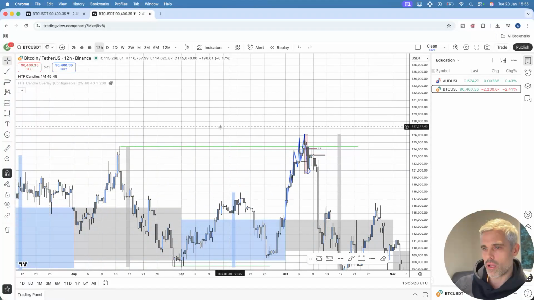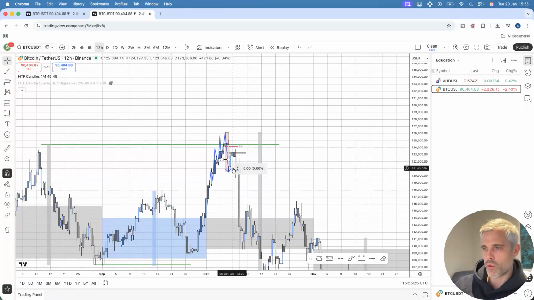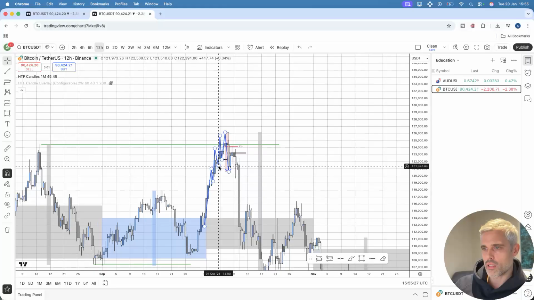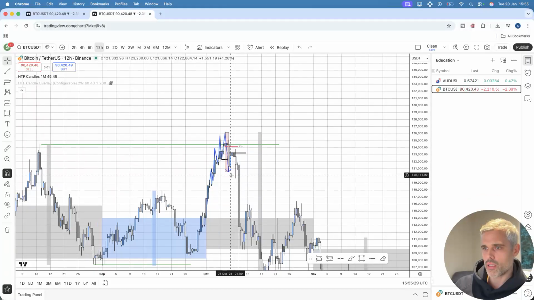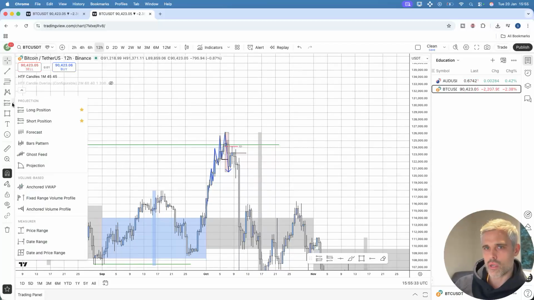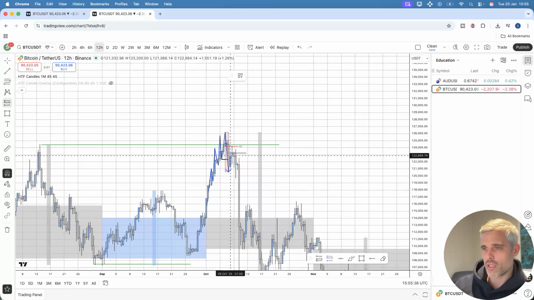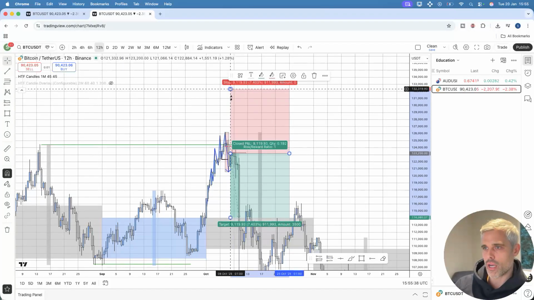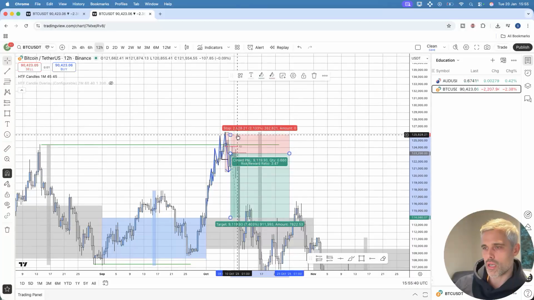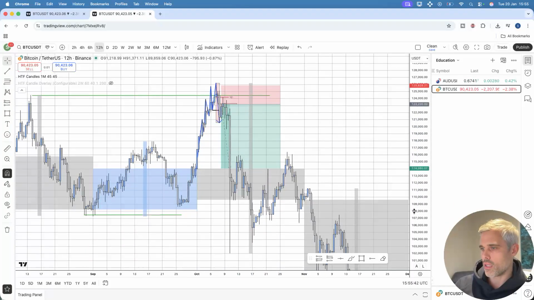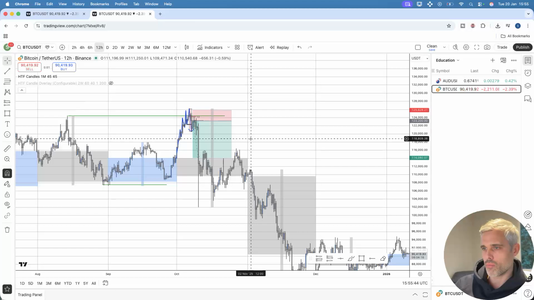So we now have an interesting dynamic where we have price action shifting from bullish to bearish with internal range liquidity at a key level. So it wouldn't be a bad idea to just short this from the fair value gap, covering the high, and you see the sell-off has been extreme.